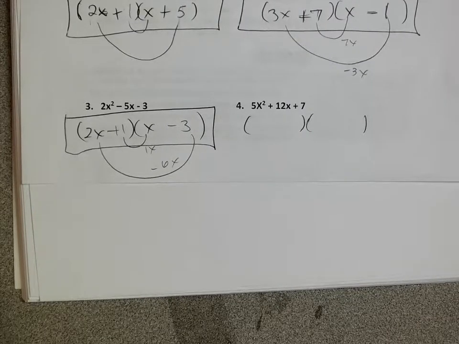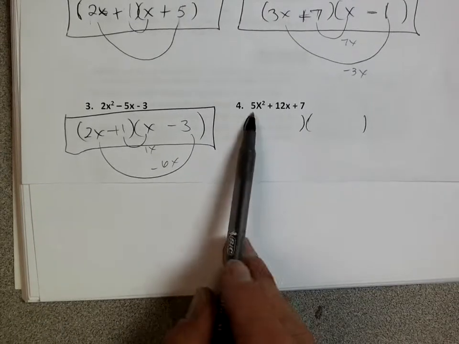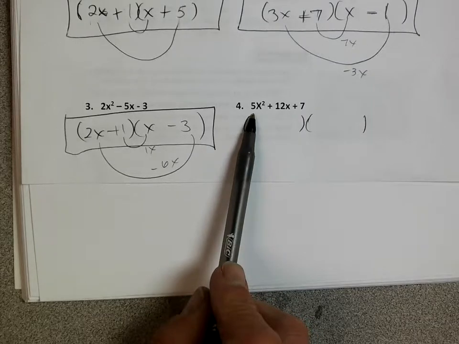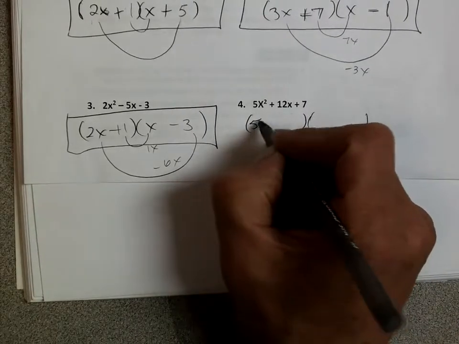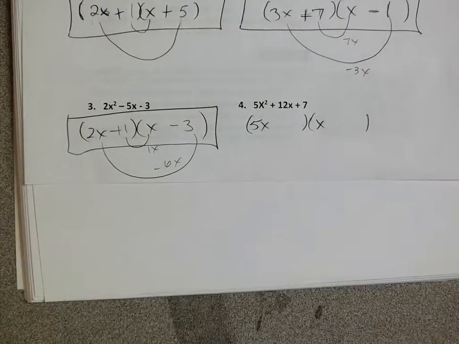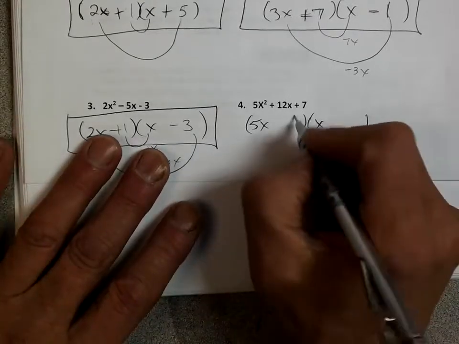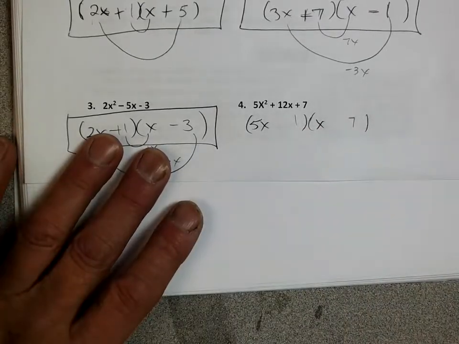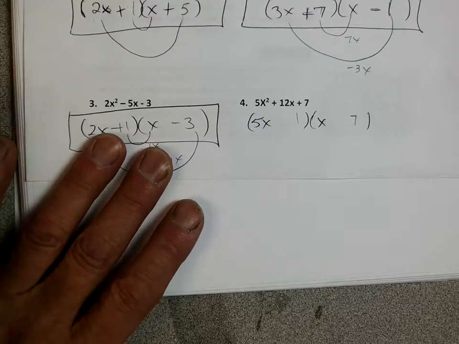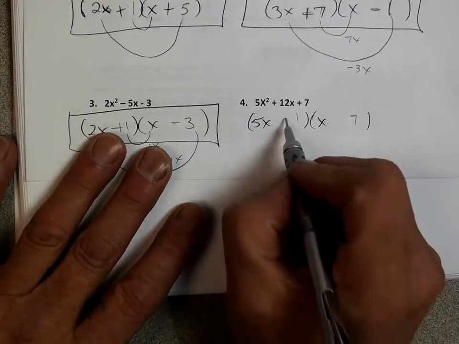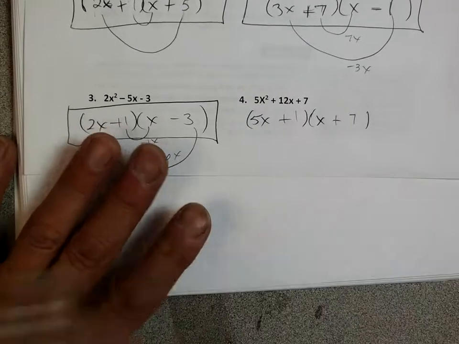5x squared. Anyway. Where do we begin on this one? 5x and x, right? Okay. Don't worry about the 12, but think about 7. What times what makes 7? 1 and 7. Okay, so plus 1 minus and 7. I heard plus plus. Wait, that will not work out.